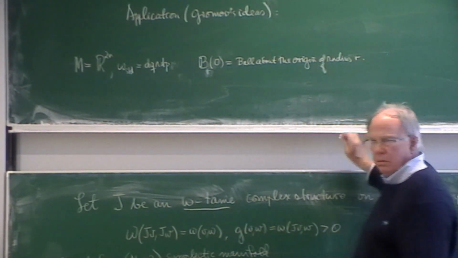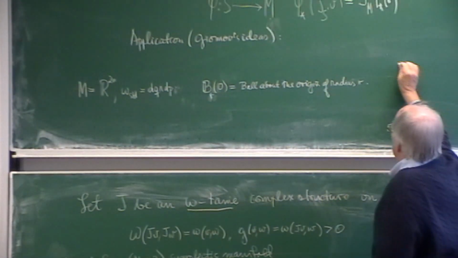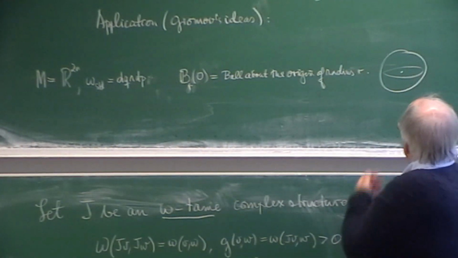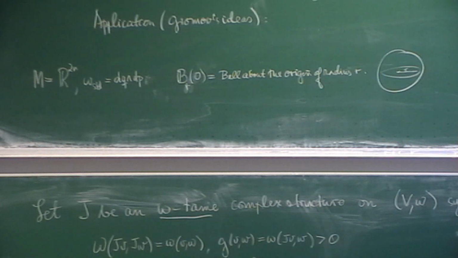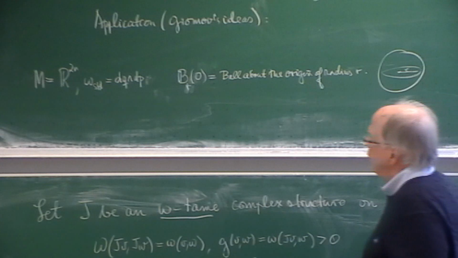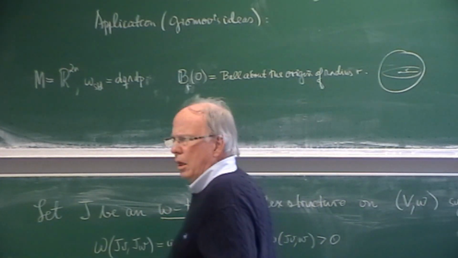I'll draw a picture. This is typical Gromov. Oh, let's look at the ball of radius r. It was a beautiful little Russian accent. Consider the ball of radius r.